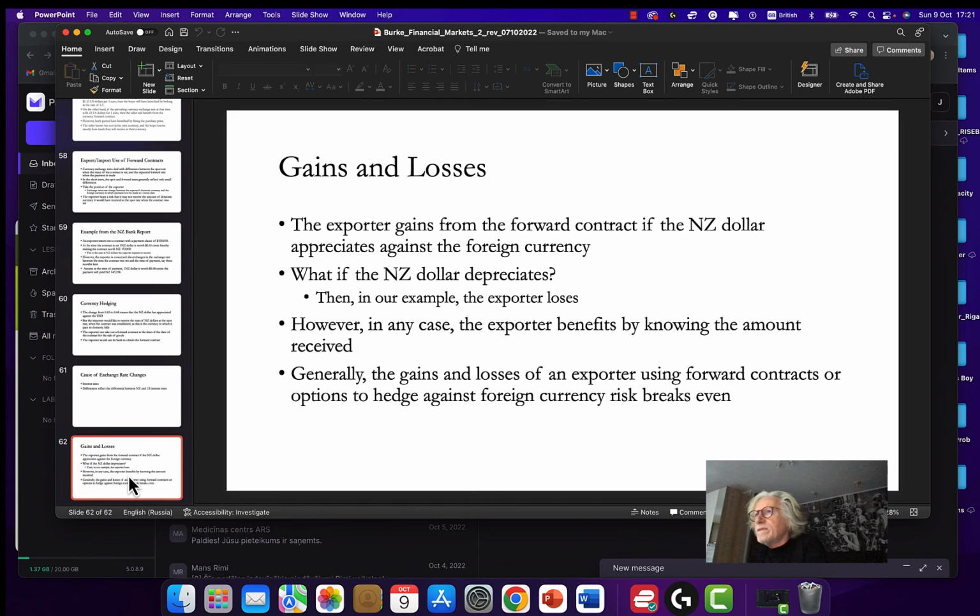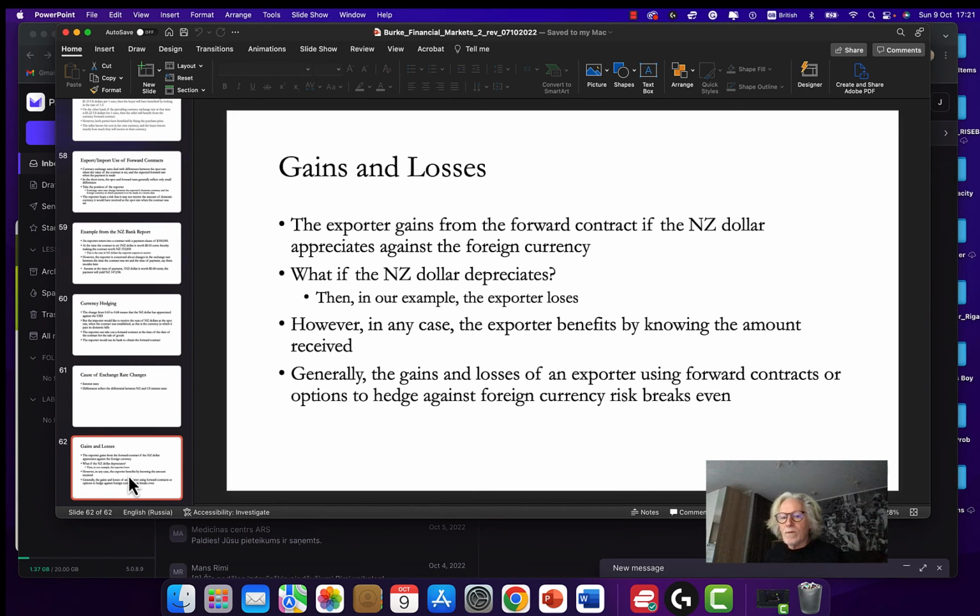Well, from the perspective of the exporter, it will know exactly how many New Zealand dollars it will get when it's paid 100,000 US dollars. So it gets security. It wipes out the risk of an adverse movement in the exchange rate between the New Zealand dollar and the US dollar. But he may actually lose.